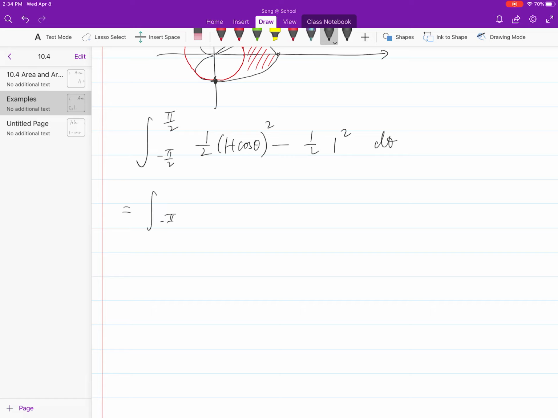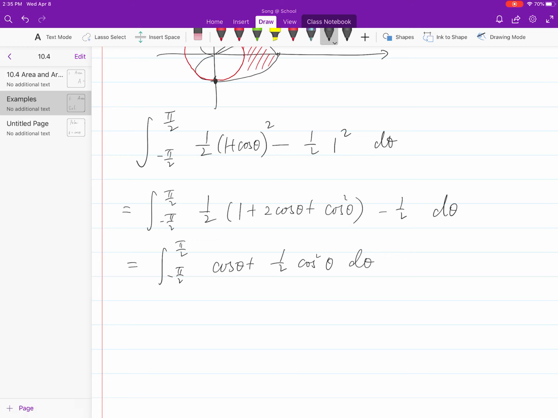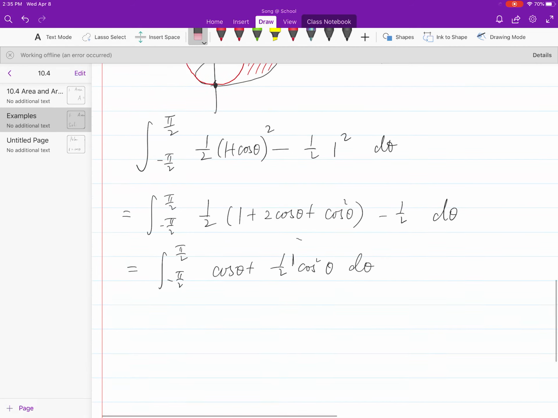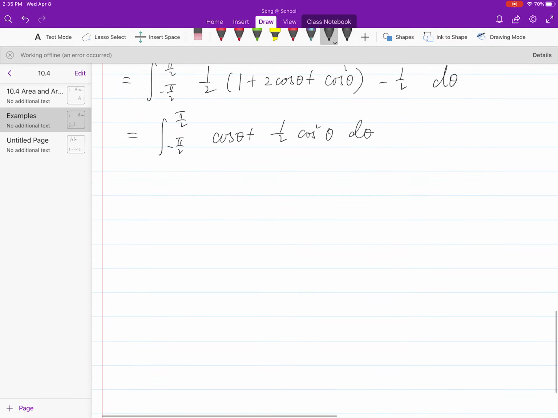The rest will just be easy mechanics. 1/2 of 1 plus cosine theta plus cosine square theta. Okay, minus 1/2, and the whole thing doing d theta. 1/2 and 1/2, they're gone, so what's left will be just this. And the double angle formula for this. So I will just try.